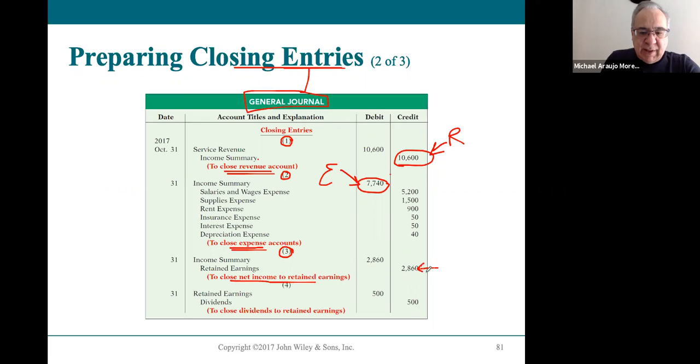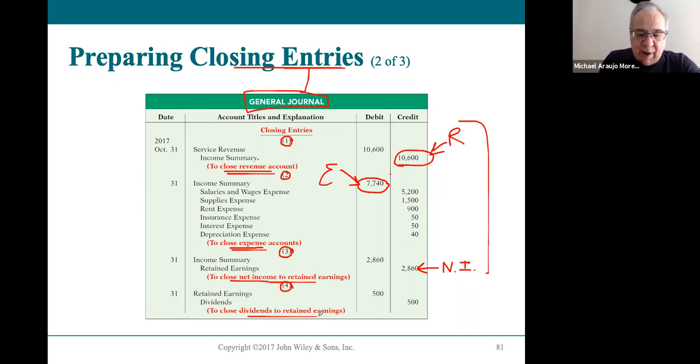So this credit to retained earnings is the same as adding the net income to retained earnings, which is what we do on the retained earnings statement, right? We add net income to retained earnings. That's the same as crediting net income. So right here, this 3 process closes up all of our income statement accounts and moves that money safely into retained earnings. The 4th step is to close dividends.